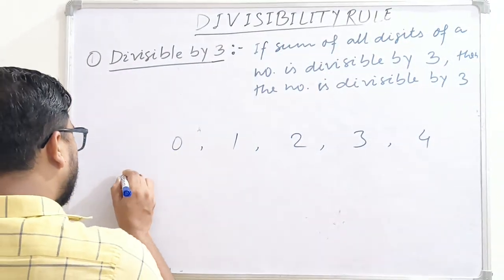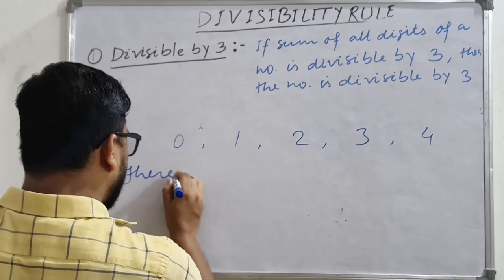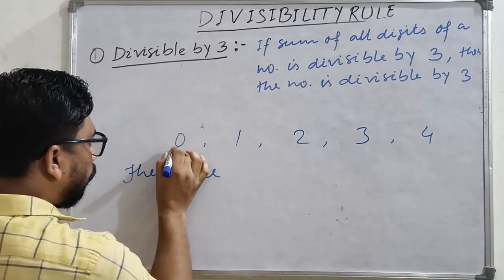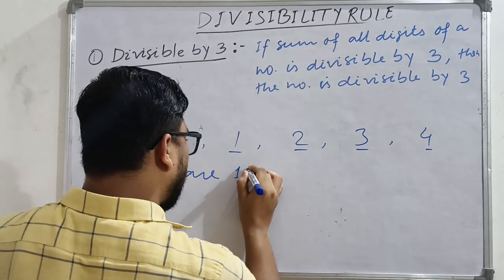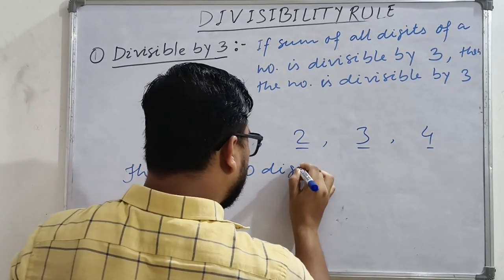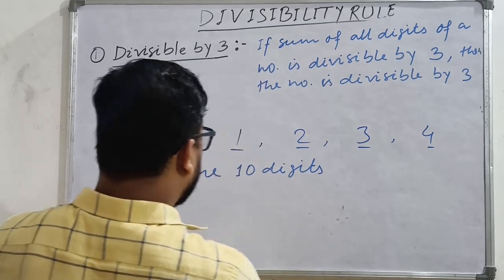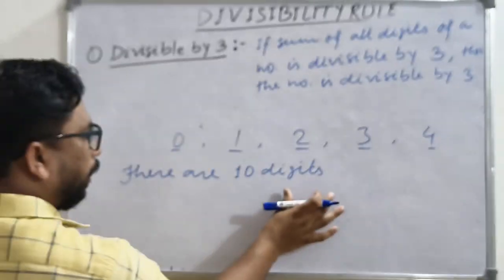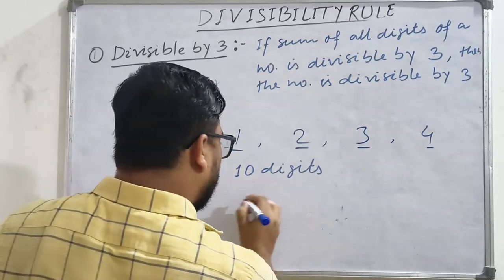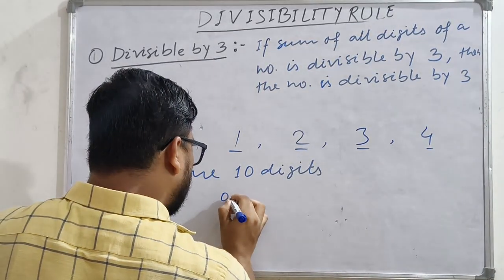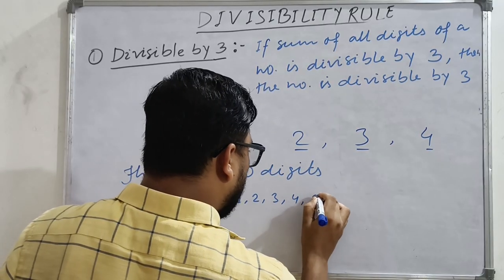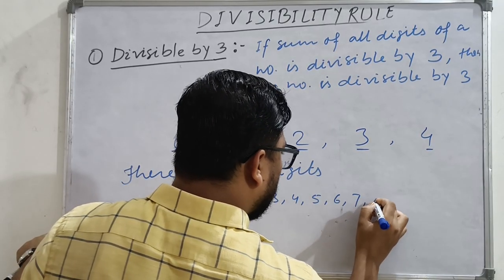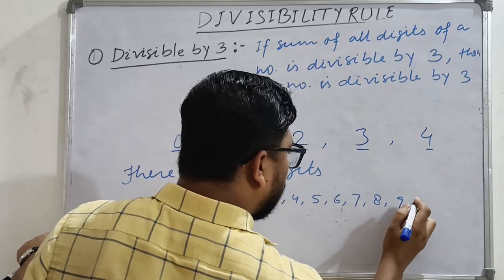These are also called digits. Individually, these are digits. There are 10 digits. In maths, there are 10 digits. What are the digits? 0, 1, 2, 3, 4, 5, 6, 7, 8, 9.